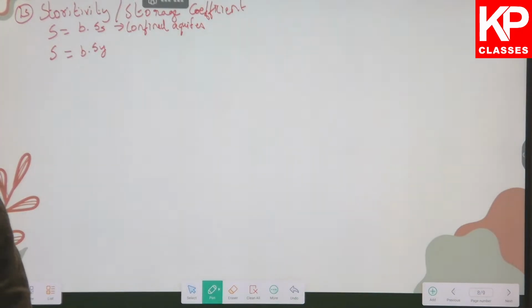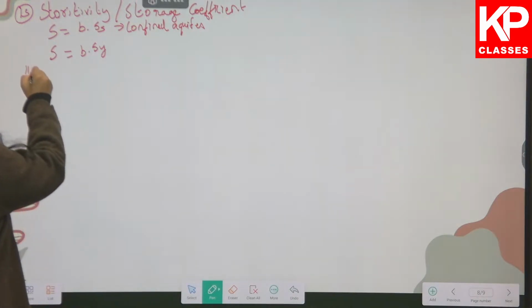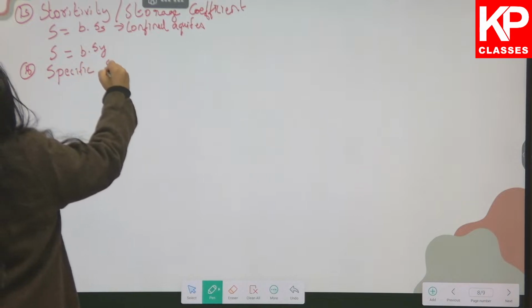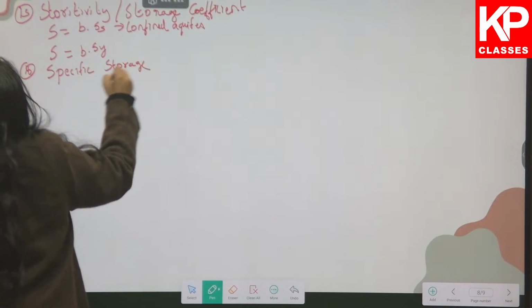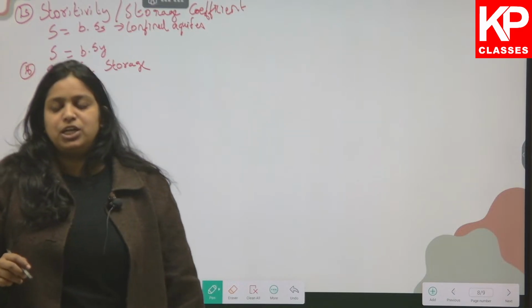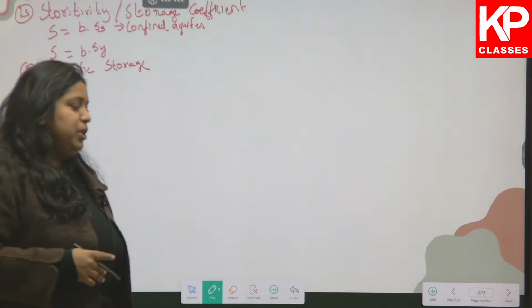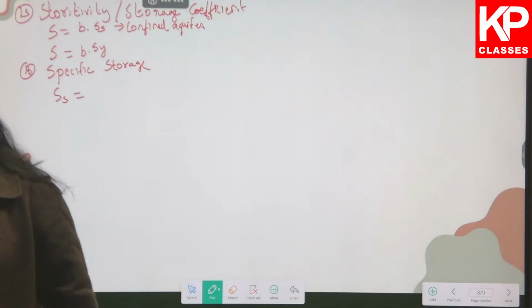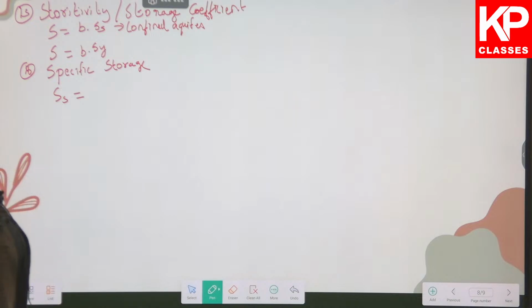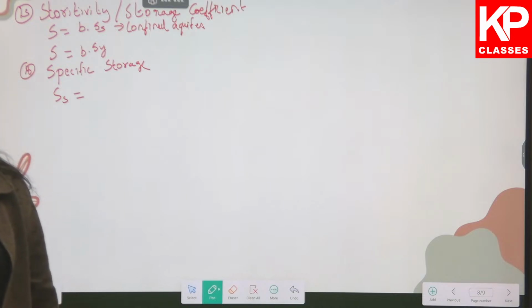So what is this? SS, specific storage. SS is a parameter for a confined aquifer only, the volume of water which a unit volume of the confined aquifer releases from storage because of the expansion and compression of the aquifer.